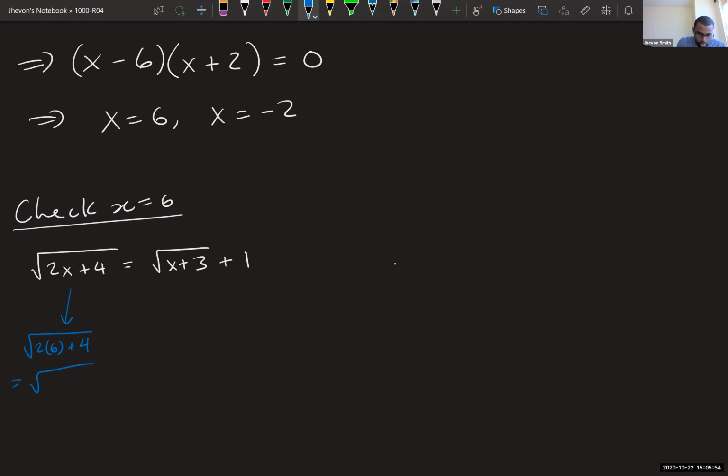That's going to be the radical of 12 plus 4. That's going to be radical 16. That's going to give me 4. This here would be 6 plus 3 plus 1. That'd be radical 9 plus 1. That'll be 3 plus 1. That'll be 4. So this one actually checks out.